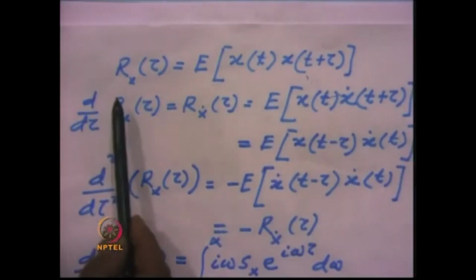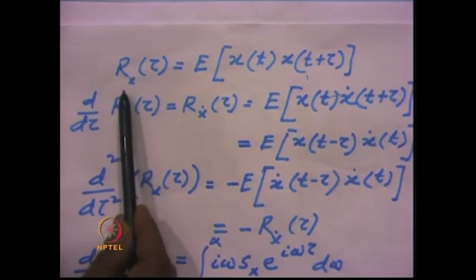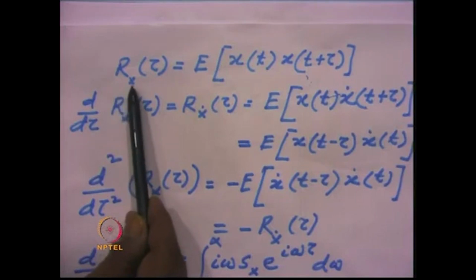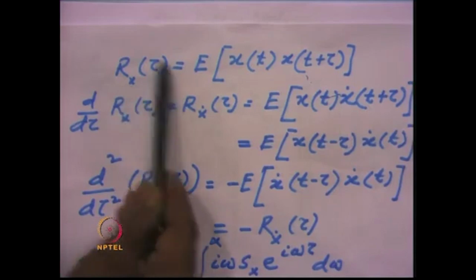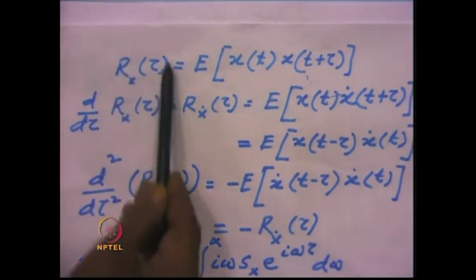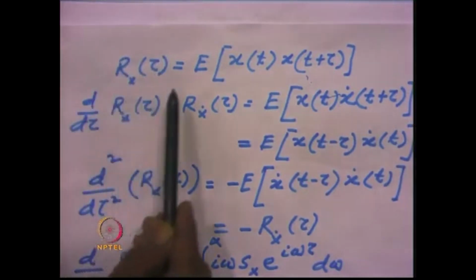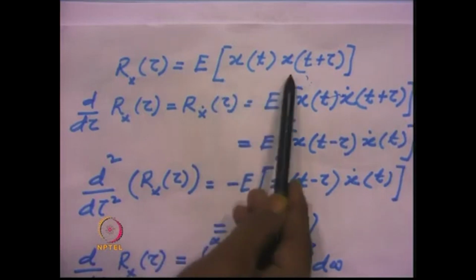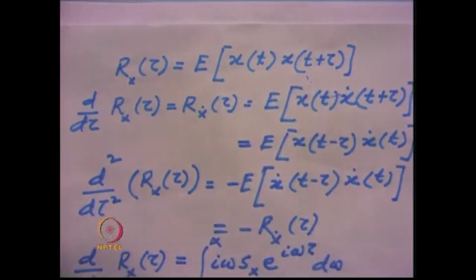if we take a single variable, that is if we take x as a random process, then the autocorrelation function of the process r x tau will be equal to expected value of x t and x t plus tau, that we have already seen.